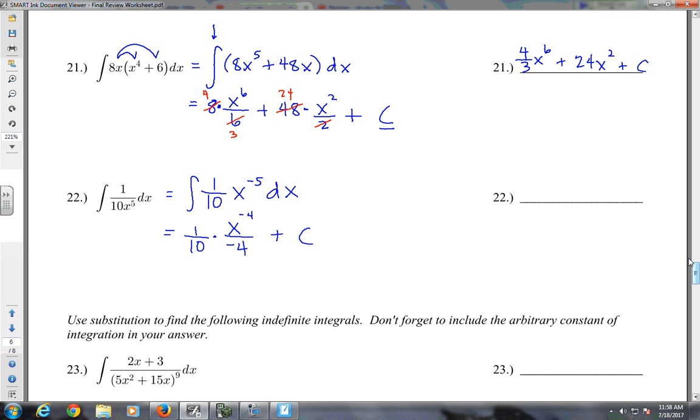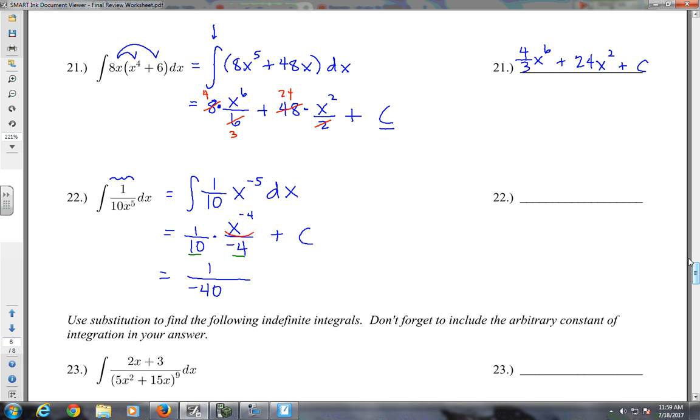Now I'm going to attempt to express the result in the same form as the original integrand. I notice it did not use a negative exponent, it was in fraction form. So I'm going to rewrite this in fraction form. Okay, so let's multiply our two constants together. 10 times negative 4, those are both in the denominator. It's a negative 40. Leave a 1 there in the numerator.